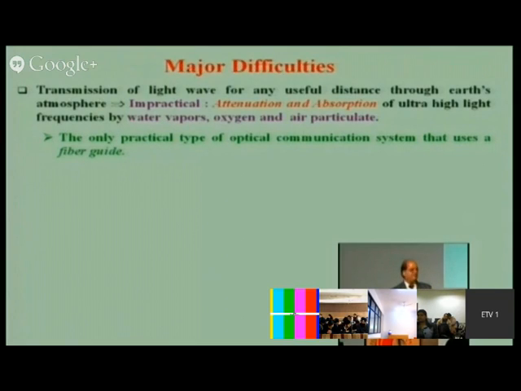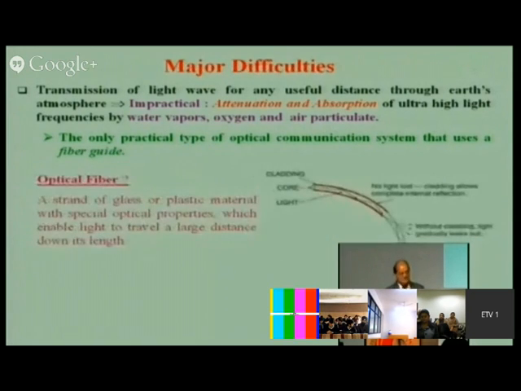The larger the wavelength, the lesser the Rayleigh scattering. These optical frequencies are also absorbed by water vapor, oxygen and air particulates. So as a result, the only practical type of optical communication is the point-to-point link. We need light guides or fiber guides, and this fiber guide is nothing but an optical fiber.